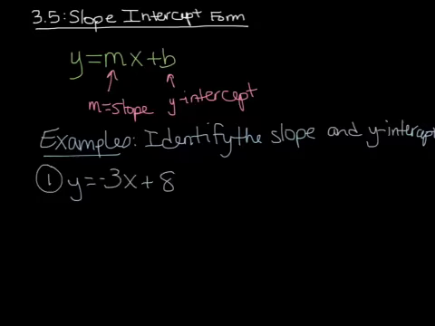So this one, it's pretty simple. All you do is you look at your formula. We know that the slope is the number with the x, and our y-intercept, our b, is the constant, the number by itself, so we get that our slope is negative 3, our y-intercept is 8.